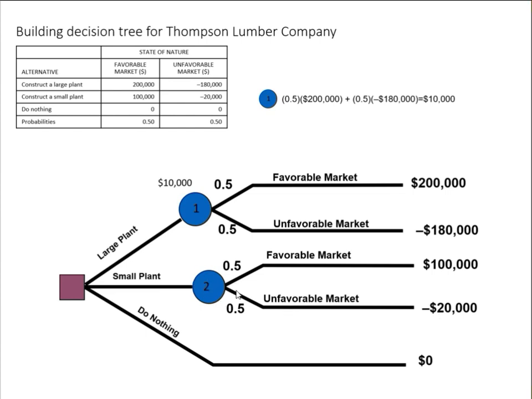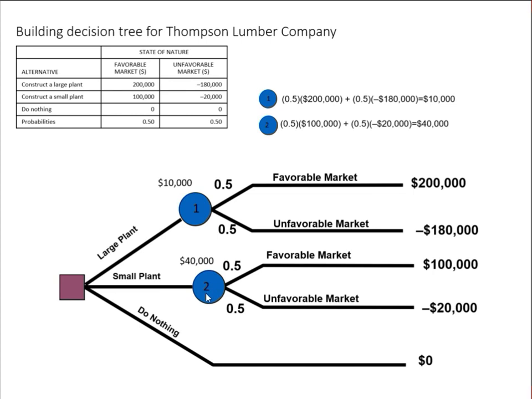So the expected payoff for node 2 is simply, again, probability times payoff plus probability times payoff, which is over here. It comes out $40,000. Again, I'm going to write this $40,000 next to this node so I know this is the payoff from this node onward.